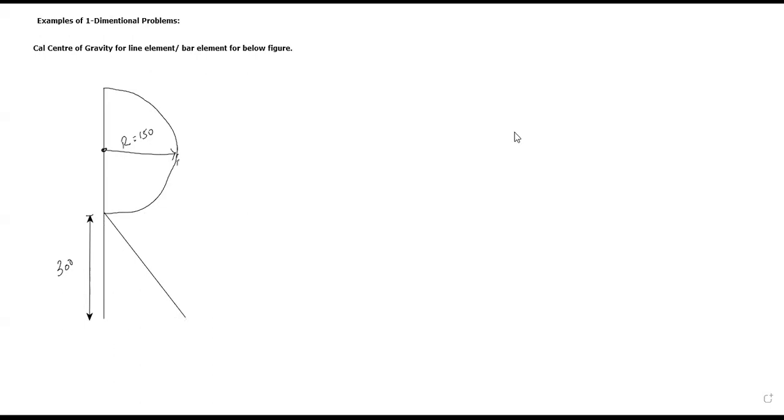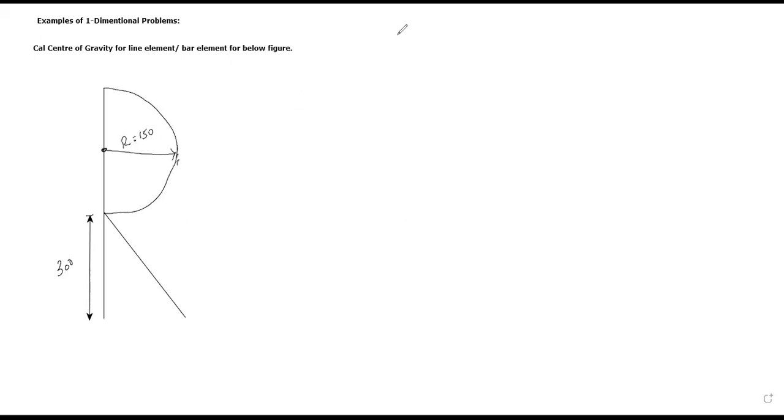It is a one-dimensional element. This much is given. Students, please confirm me. Students, please interact in lecture. Is it clear or not?